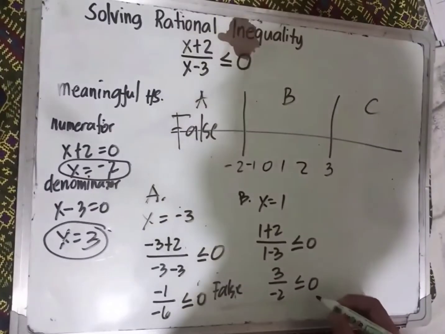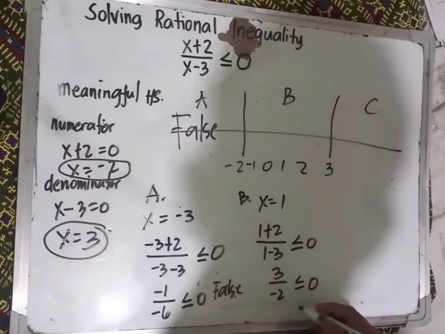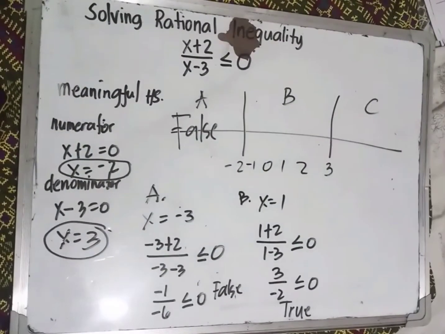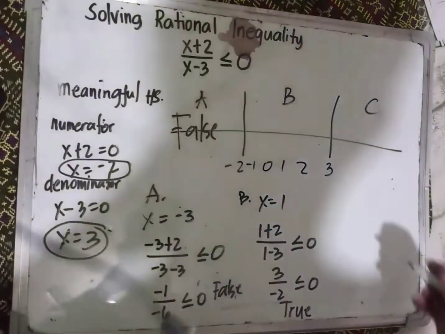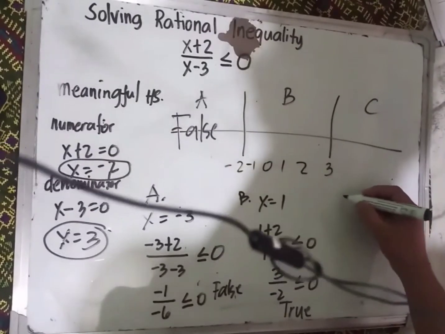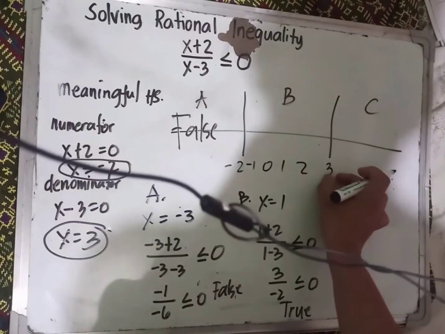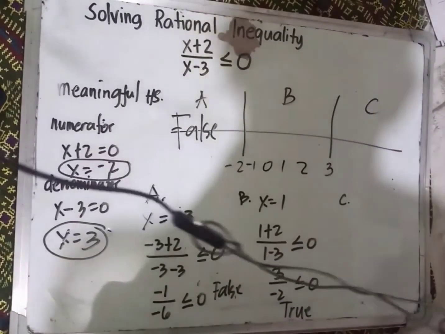The answer is negative, which is less than 0. So that is true, because negative numbers are always less than 0. Okay, interval C is any numbers from positive 3 to infinity.